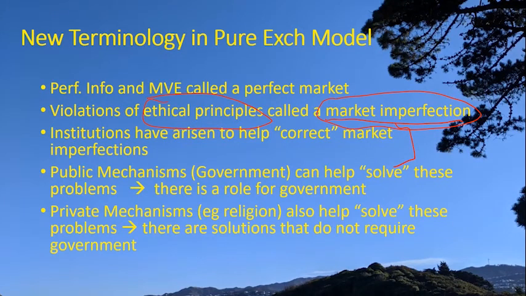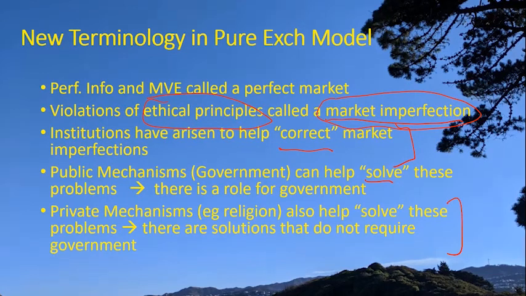Institutions like the public and private mechanisms that I just highlighted previously are incorporated in order to try to correct or eliminate some of these market imperfections. Public mechanisms like government help solve these problems. It doesn't necessarily solve them perfectly, but it helps reduce the incidence of disruptions that can occur when people are behaving unethically.